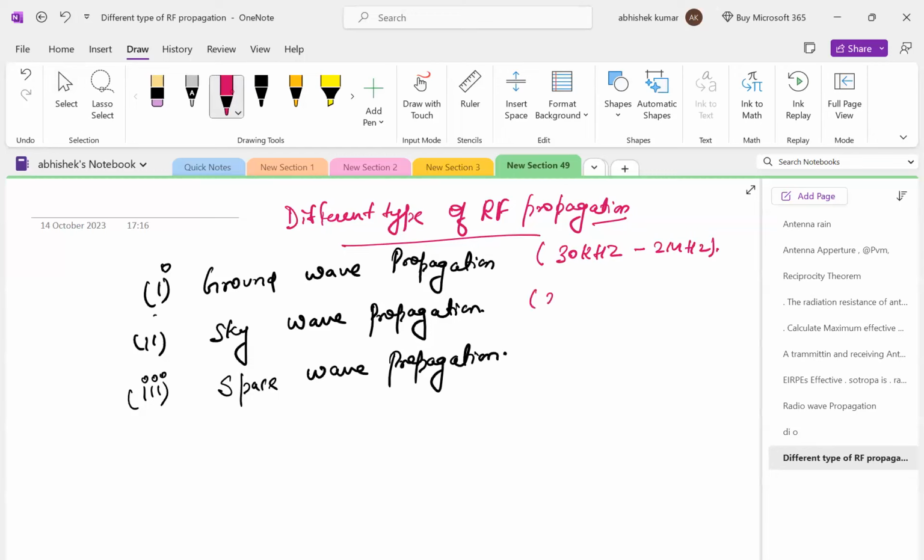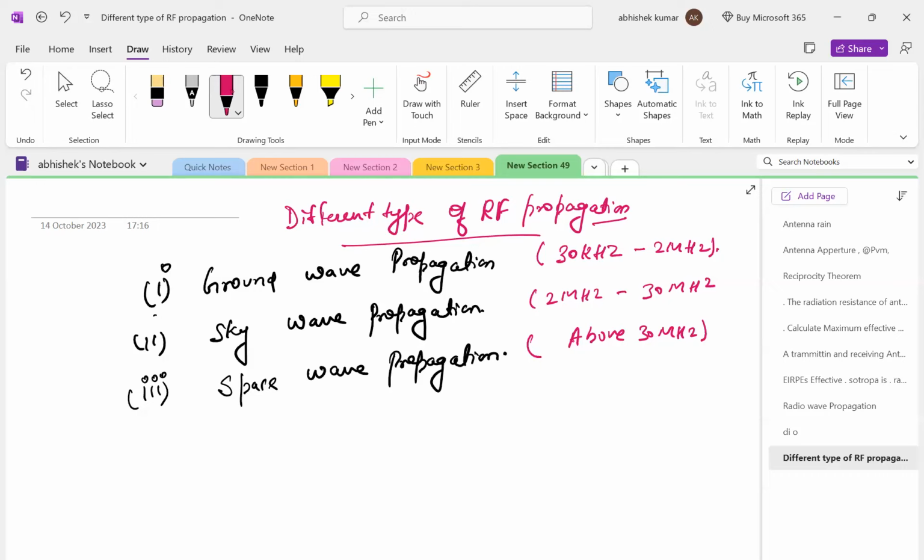Sky wave communication happens between 2 megahertz and 30 megahertz. And we have space wave communication above 30 megahertz. So for different frequency bands, we have different wave propagation: ground wave propagation, sky wave propagation, space wave propagation.